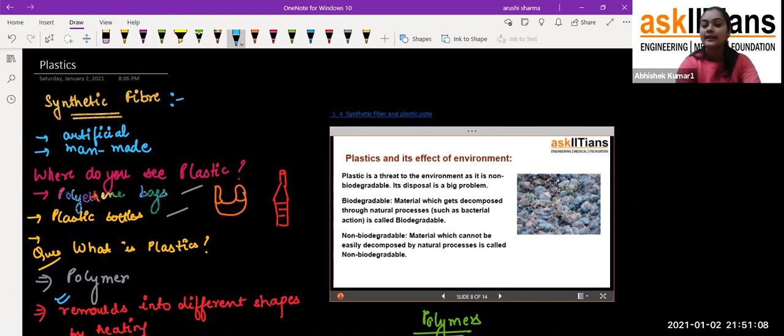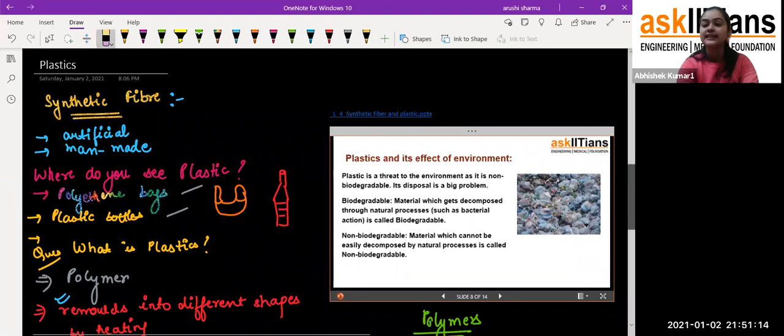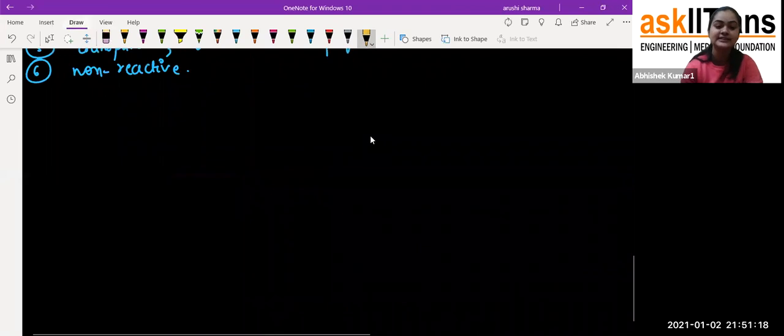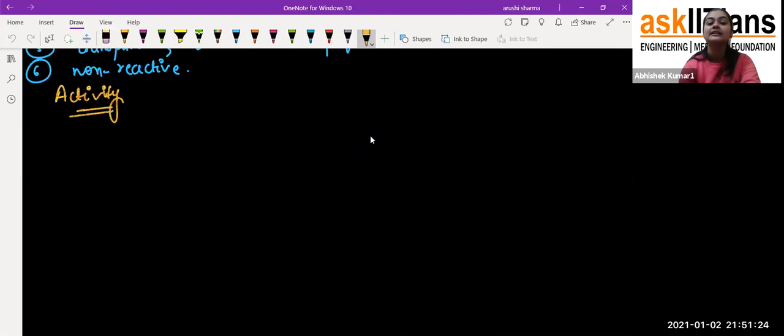For that, I'll show you one thing here. This is an activity for you. You can do this activity at your home as well. You have soil and you dig pits.